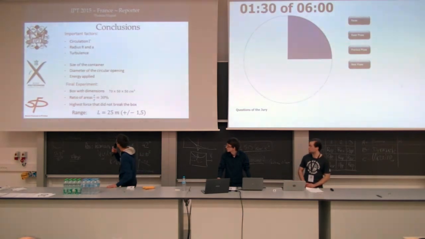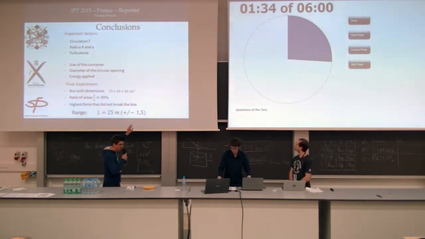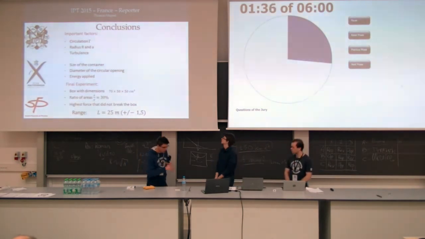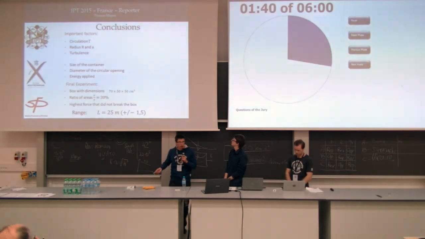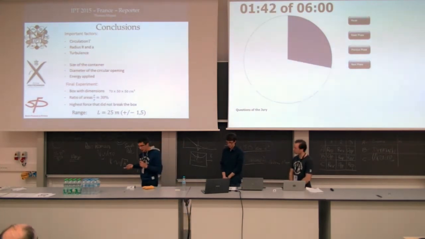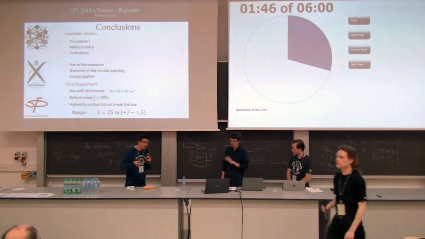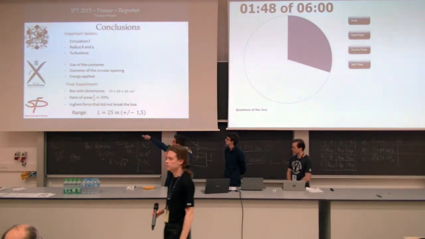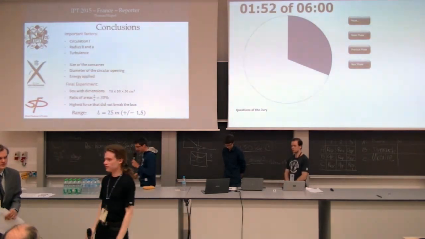To answer the question, for the final optimization of the range, I used a box with these parameters. It was a cardboard box. I think we are obliged to fix parameters at the beginning, that is the box. Then I use the best ratio of the area, and I use the highest force that did not break the box.